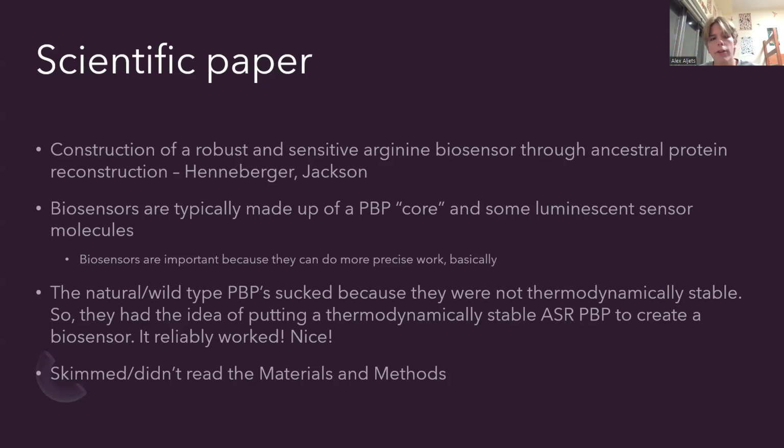So I found out biosensors are typically made up of a periplasmic binding protein core, the periplasm being the space between the cell membrane and the inner plasma membrane, and some luminescent sensor molecules that light up when they find what they're looking for.